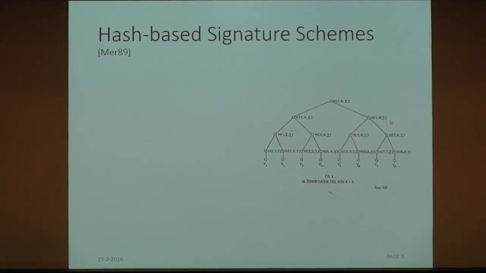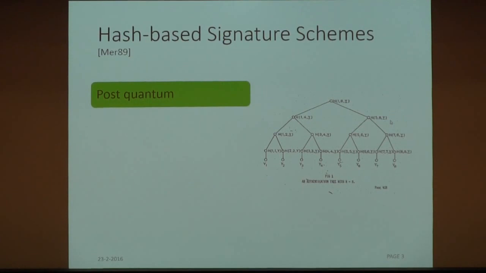OK, so there's an alternative, which is, I would say, to some extent, a lot simpler than these previous candidates. It has the disadvantage that you really can only build signatures. So that's the only post-quantum area where you don't have encryption or something like this.